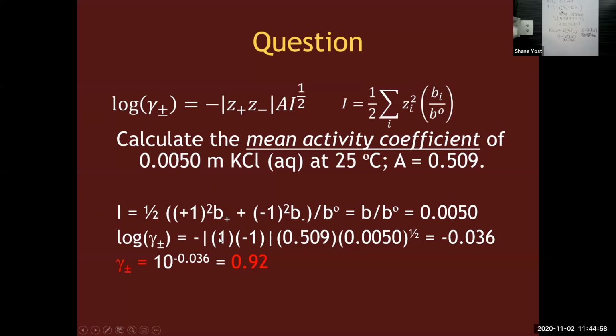That's minus 1 times 1 times 0.509 times the square root of 0.005, which gives us negative 0.036. Then you take 10 to that number to get rid of the log, and so gamma plus or minus is 0.92, which is what was given in the previous problem.